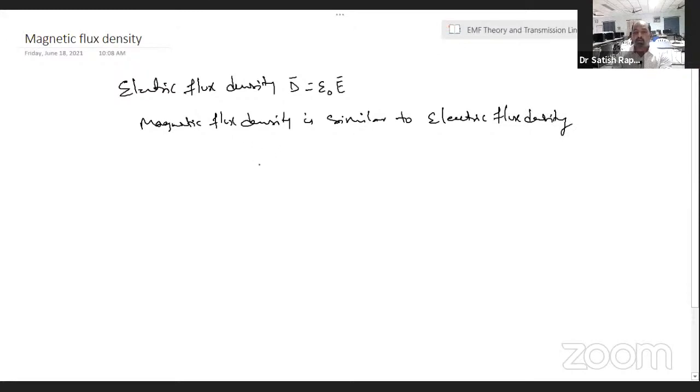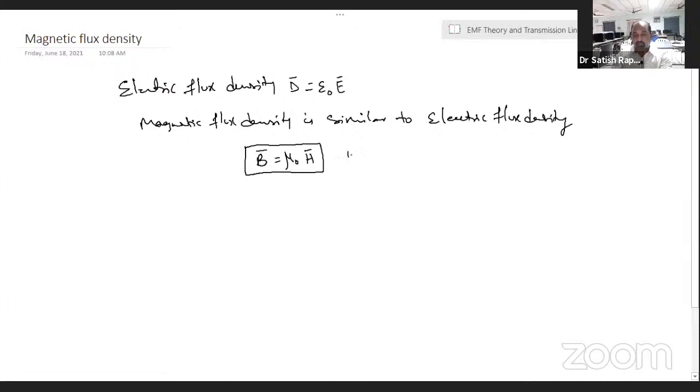Magnetic flux density is denoted as B bar. Magnetic flux density is also a vector, B bar, which is equal to mu naught H bar. I have compared with electrostatic fields and defined magnetic flux density: B bar is equal to mu naught H bar.